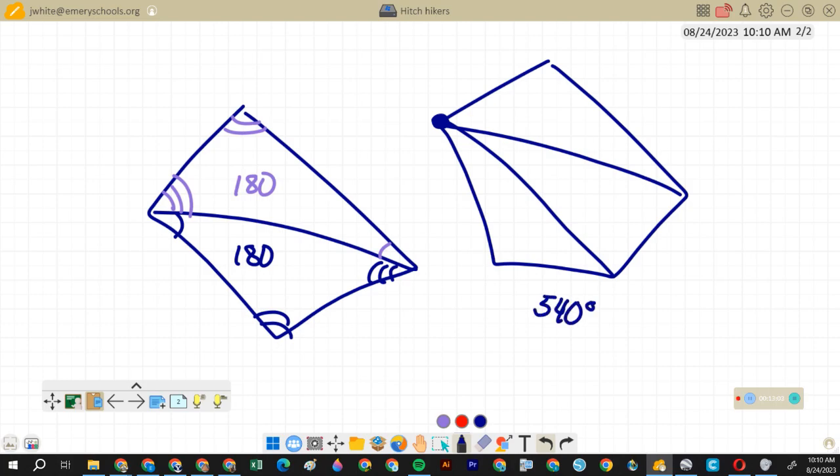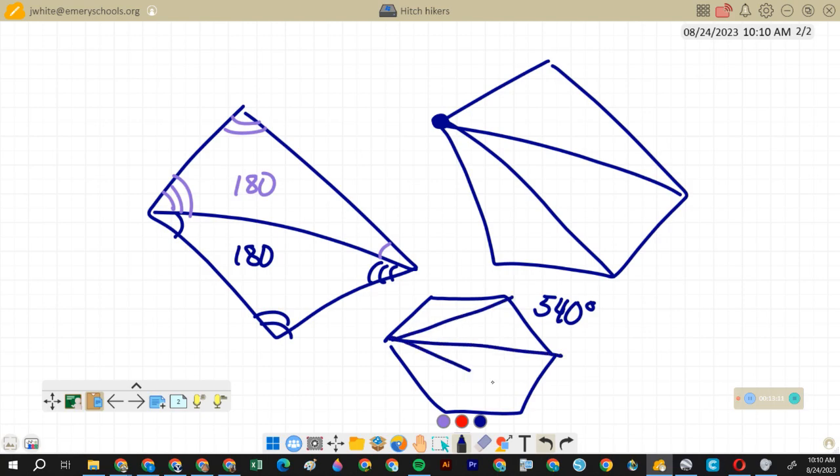What if it was a hexagon? How many triangles are there? 1, 2, 3, 4. 4 times 180 would be 720. What if it had 15 sides?